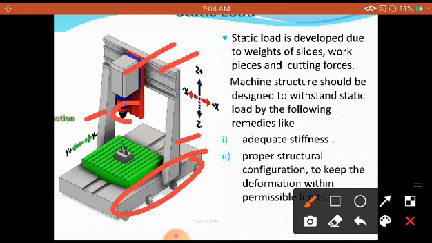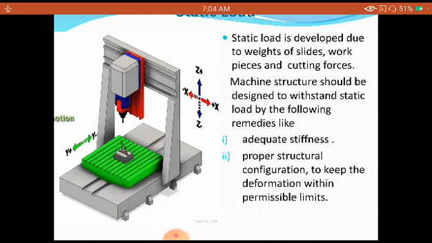The tool slide carries the tool and moves in the X direction as well as Z. Vertical movement is considered the Z-axis, horizontal movement the X-axis, and the movement of the workpiece is called the Y-axis.